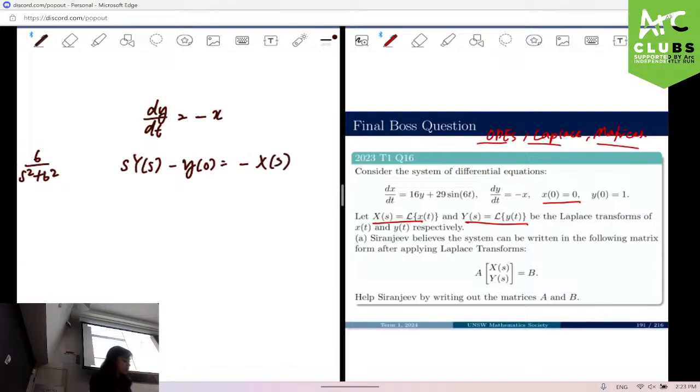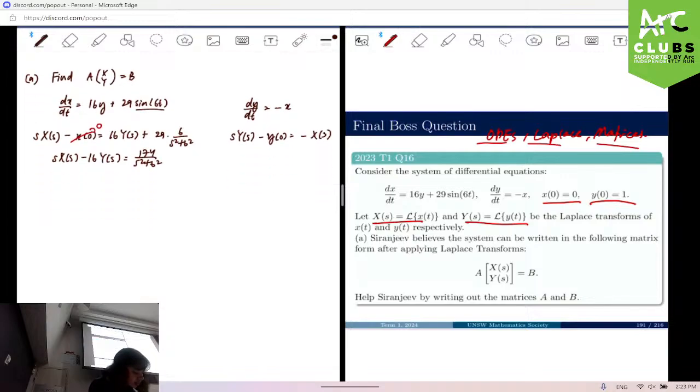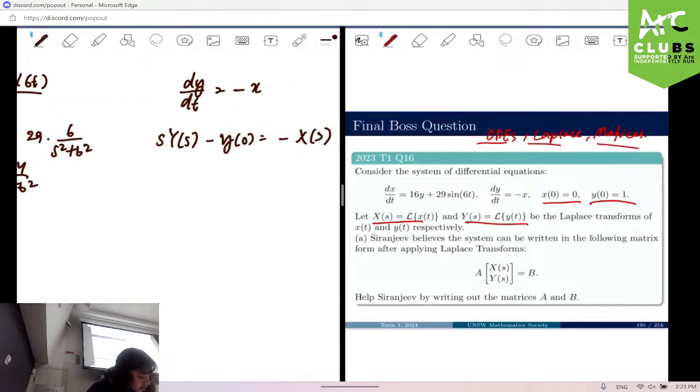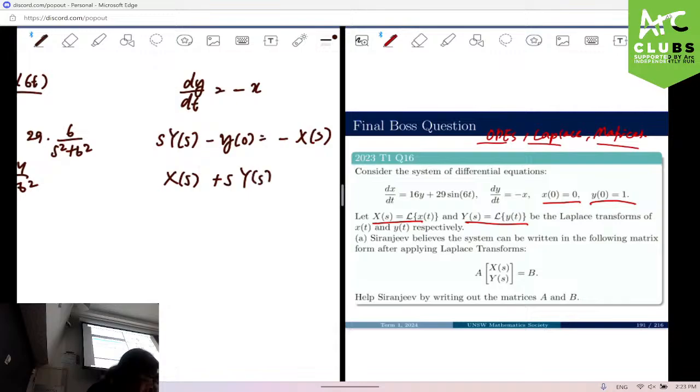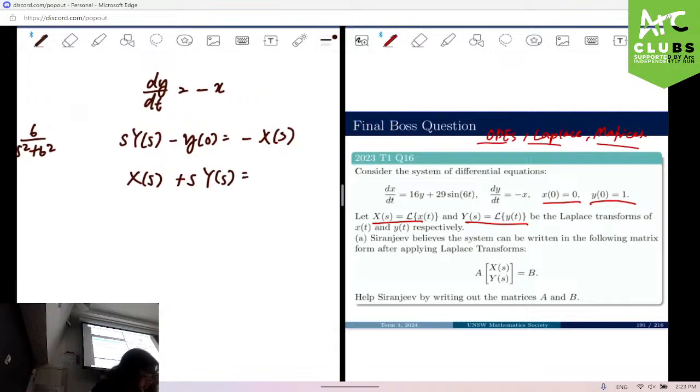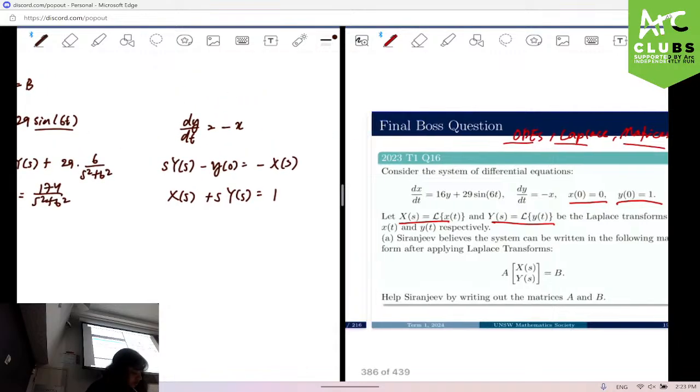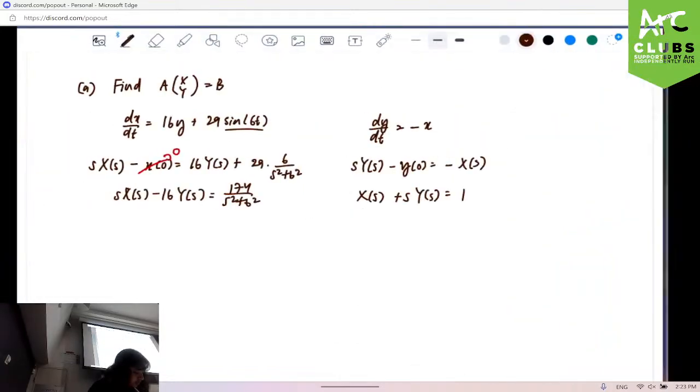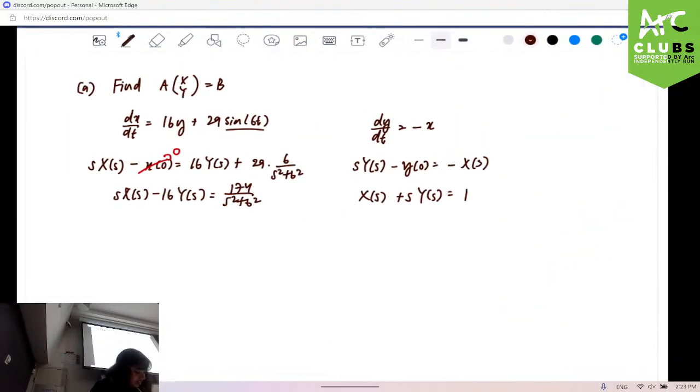We know that y(0) is 1. So let's rearrange it into a similar form to this. We will get s. Well, let's put the X(s) first, because that's just 1. Okay, so what does this look like?